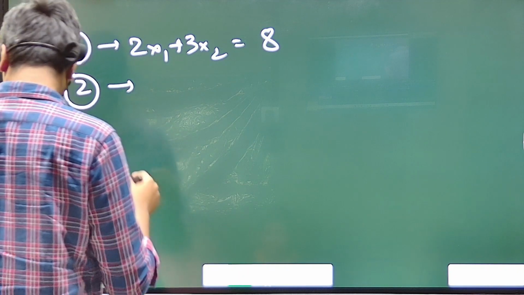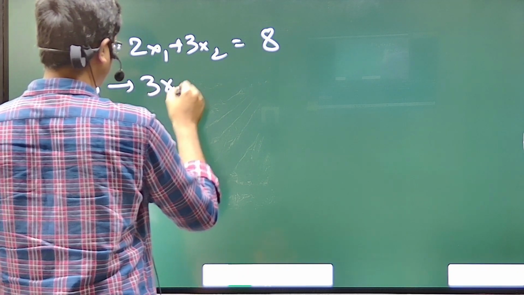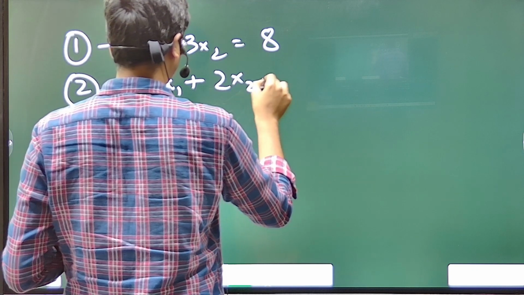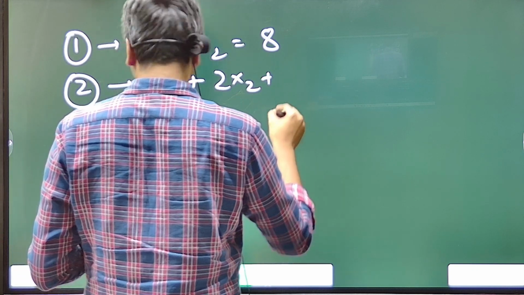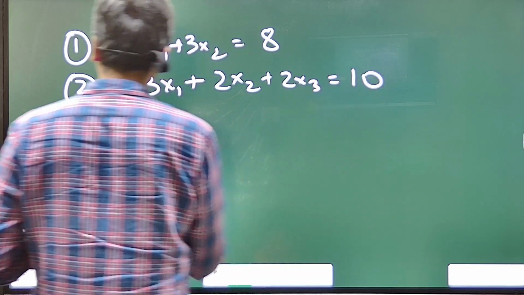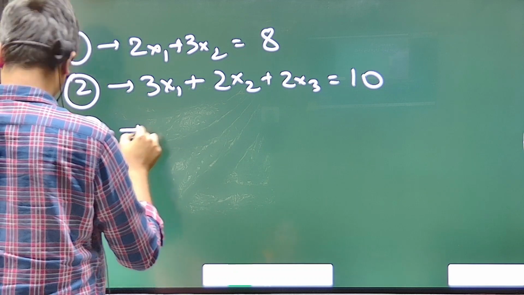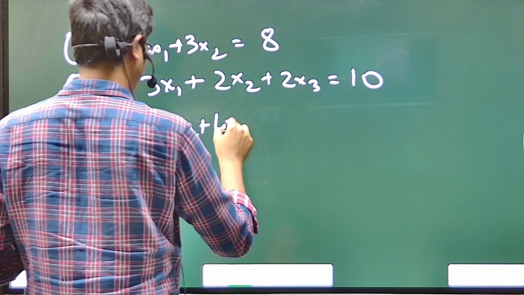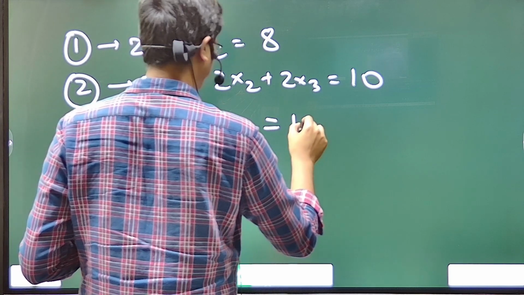Second equation is 3x1 plus 2x2 plus 2x3 equal to 10. Third equation, 5x2 plus 4x3 equal to 15.